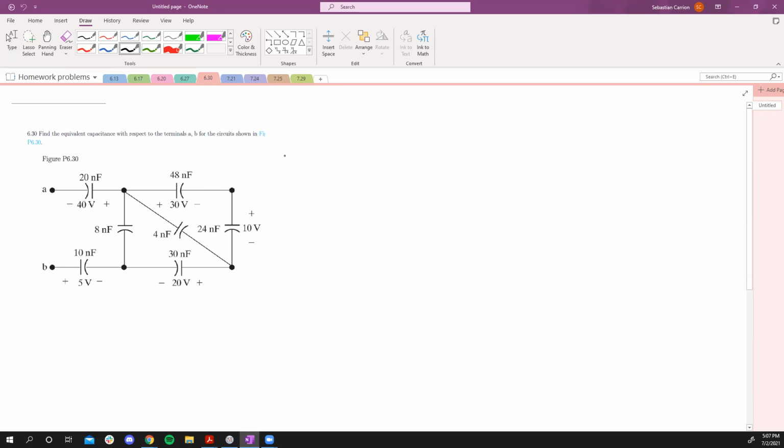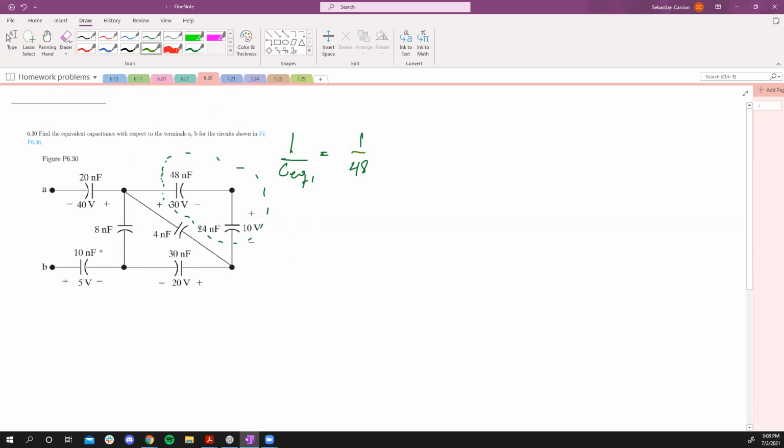So I'm gonna make this my C equivalent 1, right? I'm not even gonna mention the fact that it's nanofarads. I'm just gonna say 1/48 because all of them are nanofarads.